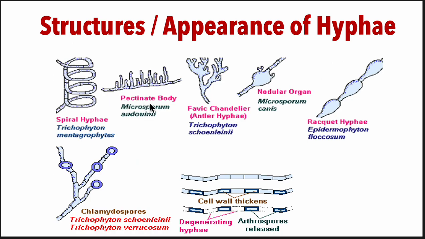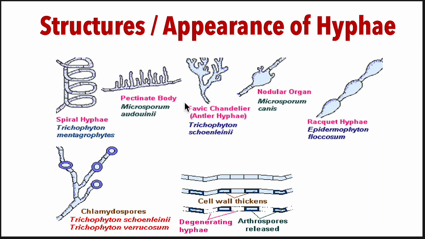Pectinate hyphae or pectinate body are short unilateral projections from the hyphae that resemble a broken comb. They are commonly seen in Microsporum audouinii, depending on how you pronounce it.